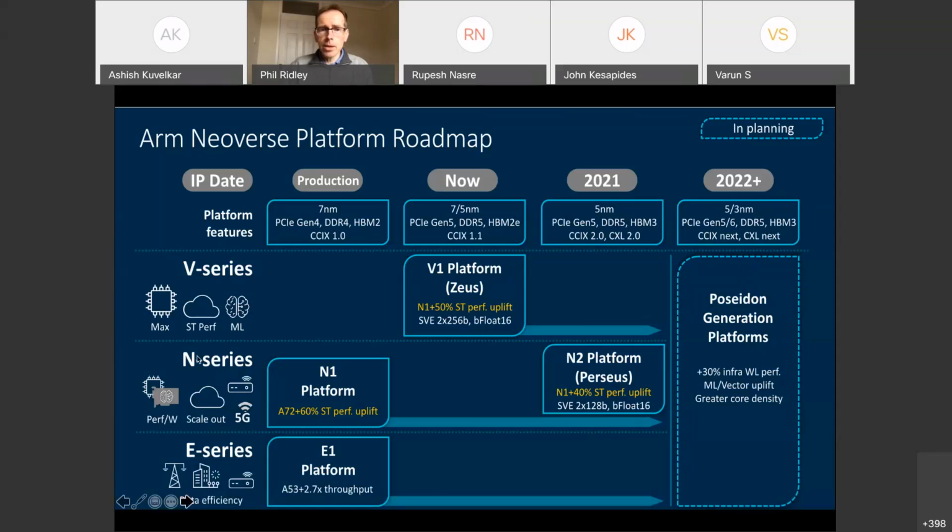Now, just as a general overview, this is what the current roadmap looks like for the next couple of years.